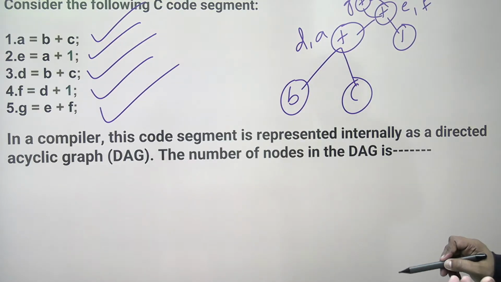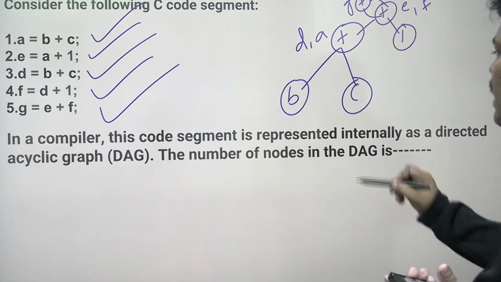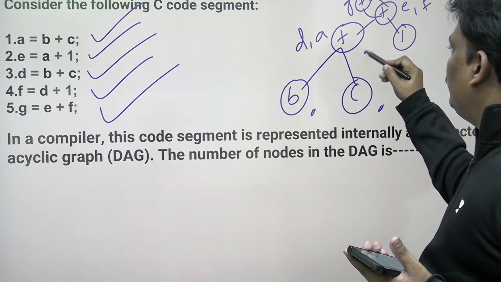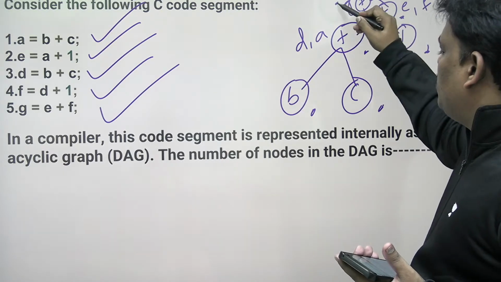If you observe clearly, he is asking the number of nodes in that DAG. 1, 2, 3, 4, 5, 6. Six nodes are there.